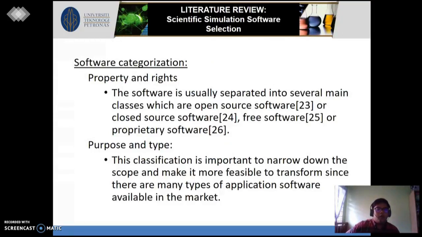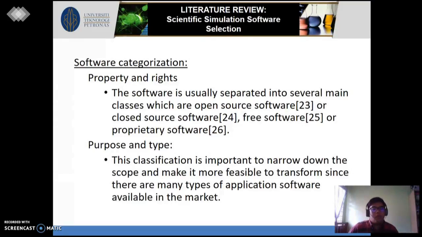So, moving on with the scientific simulation software selection. In this literature review section, I've done software categorization. This software categorization is divided into several types. First, property and rights.